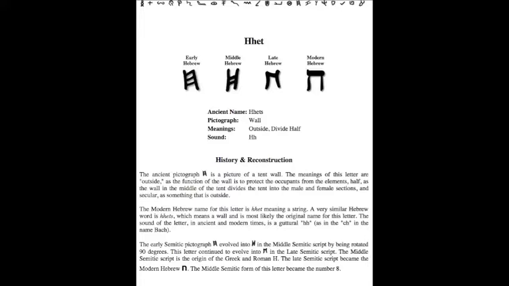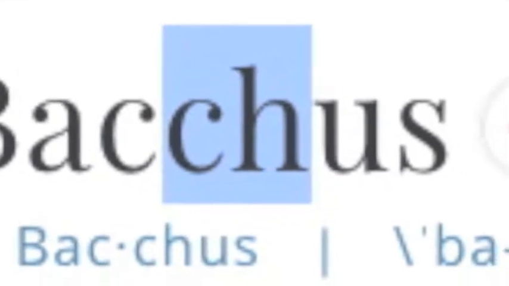The sound of the letter in ancient and modern times is a guttural, like the CH in the name Bach, which is basically the Cha sound.